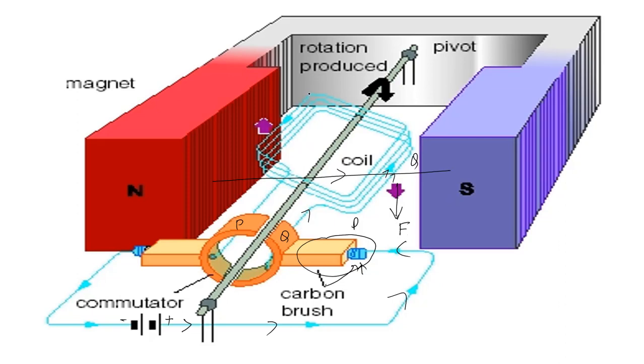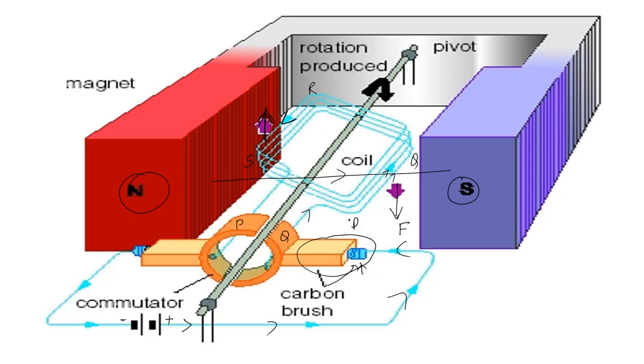And in the next part, suppose it is RS, here the direction of current is from R to S, and the magnetic field is still from north to south. So again, using Fleming's left hand rule, the direction of force on this part will be vertically upwards. So after half rotation, what will happen?